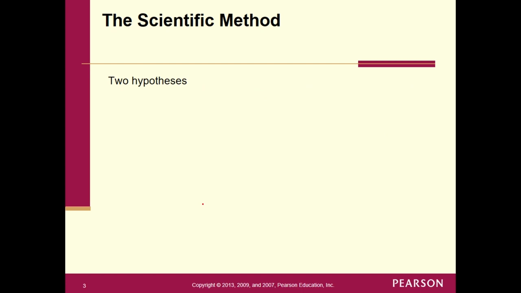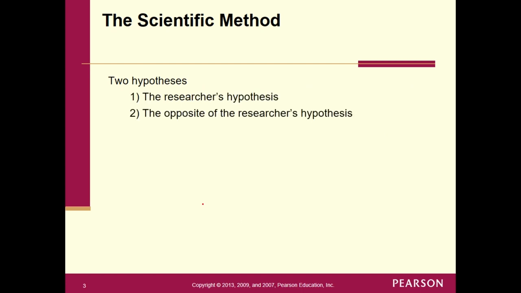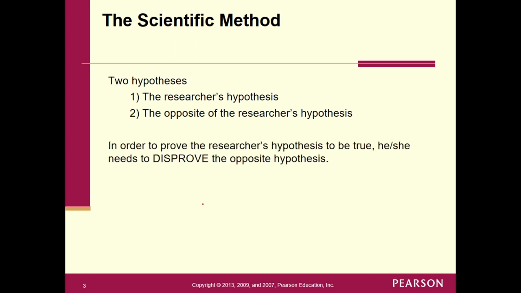There are two hypotheses. You have the researcher's hypothesis, and then you have the opposite of the researcher's hypothesis. Here's the interesting thing: in order to prove the researcher's hypothesis to be true, he or she needs to actually disprove the opposite hypothesis. You see this a lot in science, and you see this a lot in philosophy.